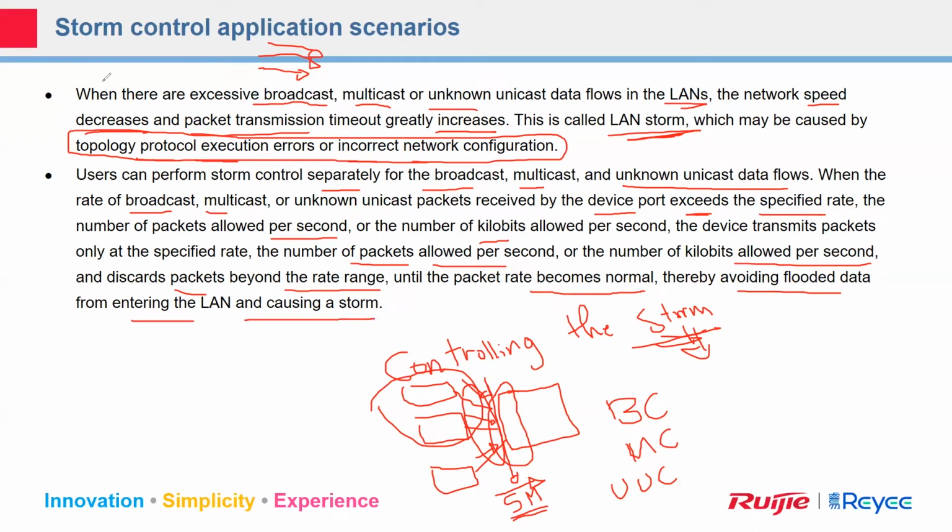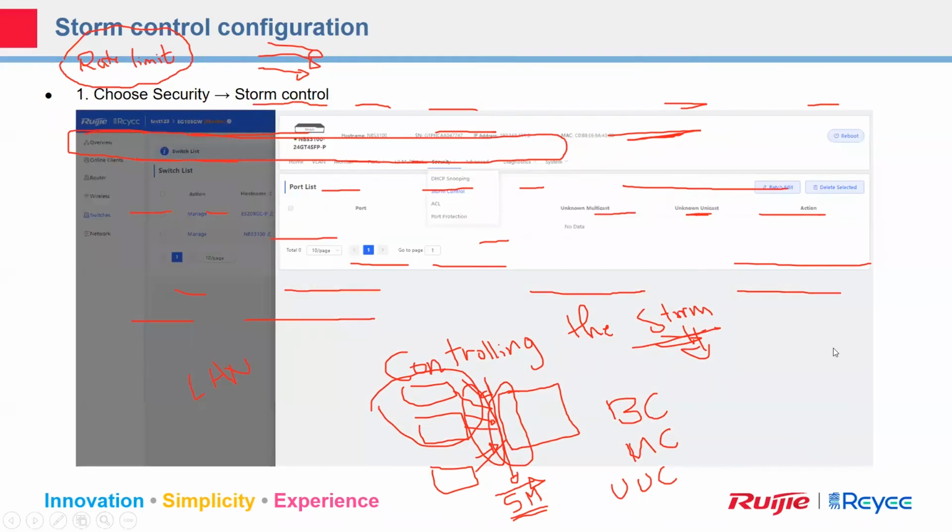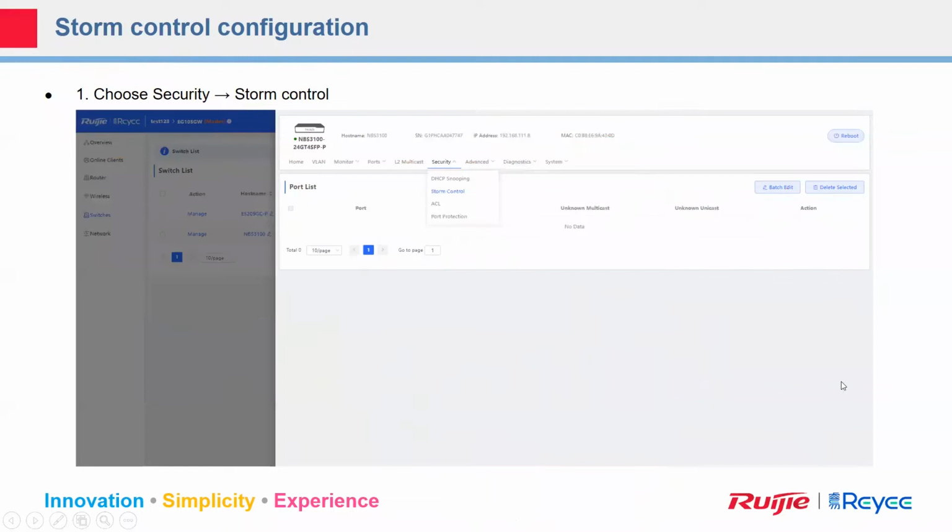Well, this is somehow related to the rate limit we have just talked about. It's one of the things that help you control the storm that might happen on your local area network. Okay, for the configuration, you go to Security and Storm Control, all right?